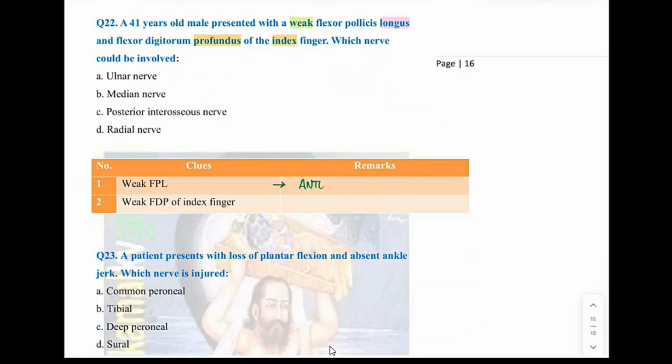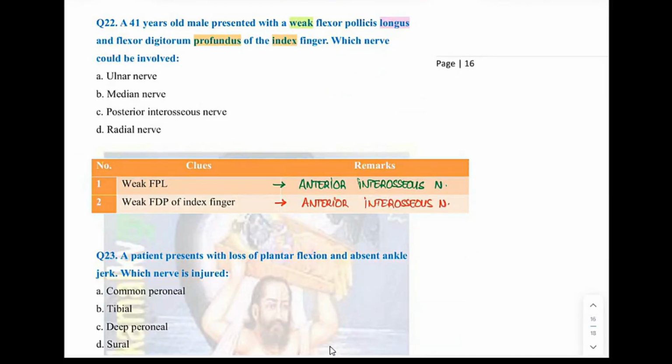It means that is anterior interosseous nerve. And classically, weak flexor digitorum profundus of index finger, this is also supplied by anterior interosseous nerve.